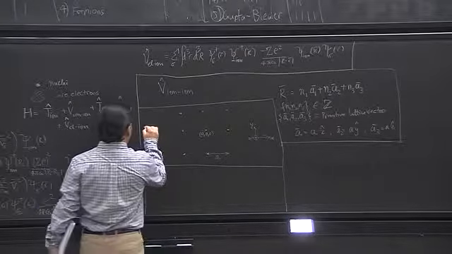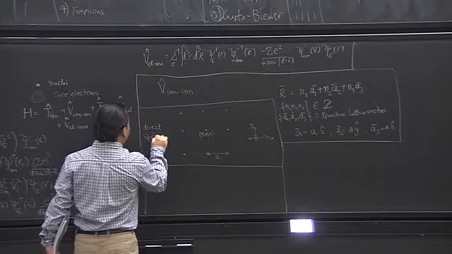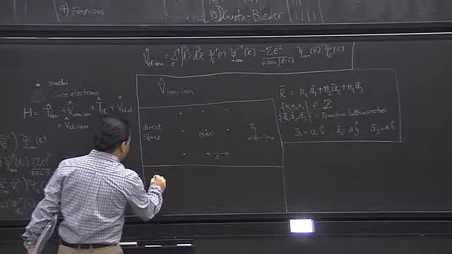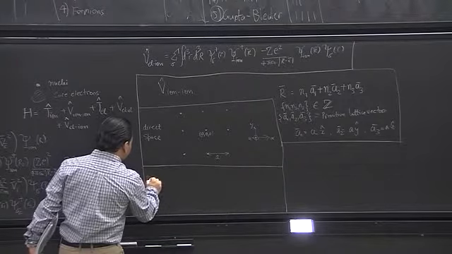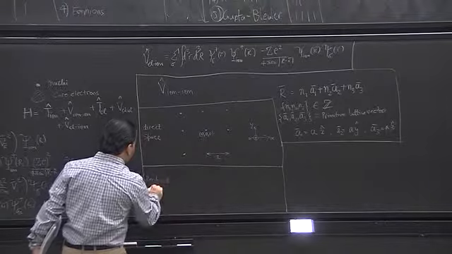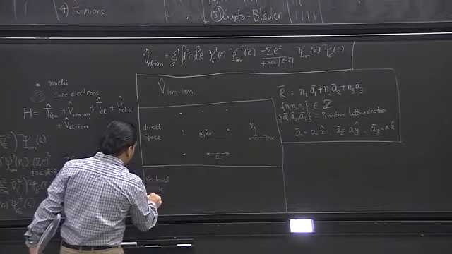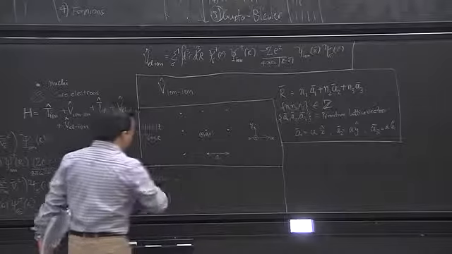So let's say this is direct space. This I will call reciprocal space. Sometimes it's also called K space or Fourier space and so on.